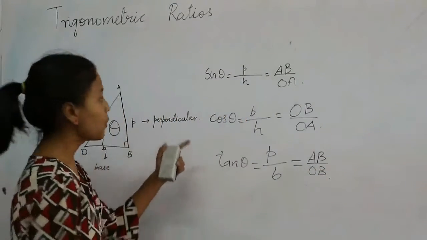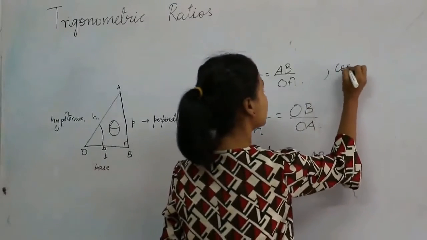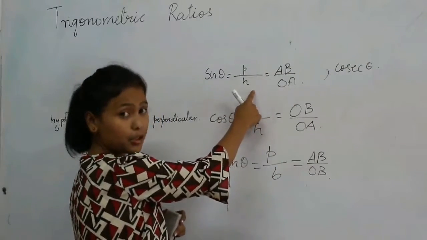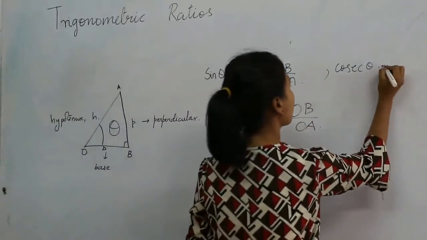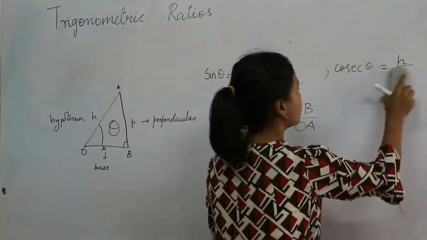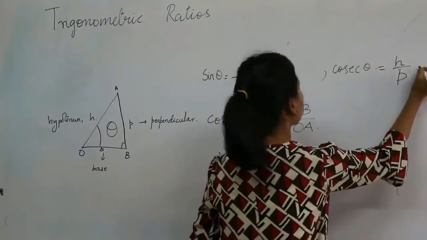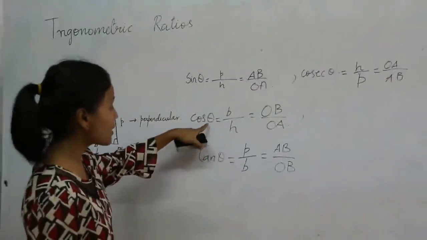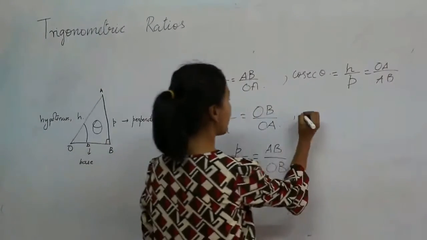So cosec theta, you see here that sine theta is perpendicular by hypotenuse. Now cosec theta is given by hypotenuse by perpendicular, which is equal to OA by AB. Now cos theta is base by hypotenuse.